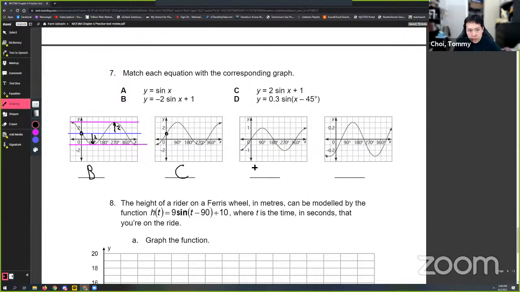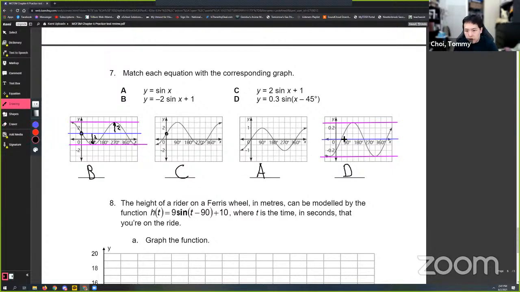And I think it's clear to see which one's which here, but I'm going to break down the last one for you. So question D, once again, let's break it down. Peak, trough, equation of the axis is in the middle.